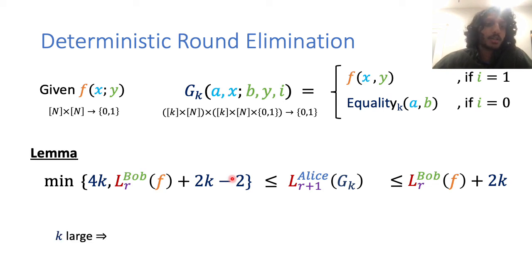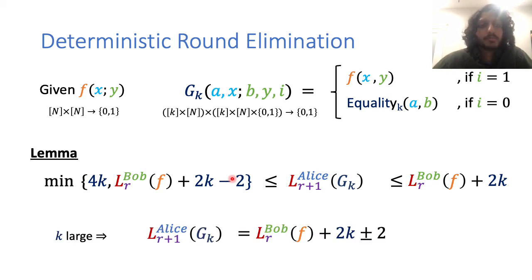And the upshot is that when K is large, this quantity becomes much bigger than this quantity, and you'll actually get that the R plus 1 round communication complexity of G is equal to this quantity plus or minus 2, which is great for us because that will enable us, with a few more tricks, to actually get the reduction between the R round and the R plus 1 round case. I don't have too much time to talk about how this is proved, although I think the proof is nice, and if you have time, please look at the paper.